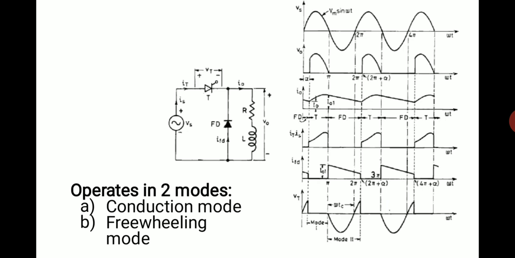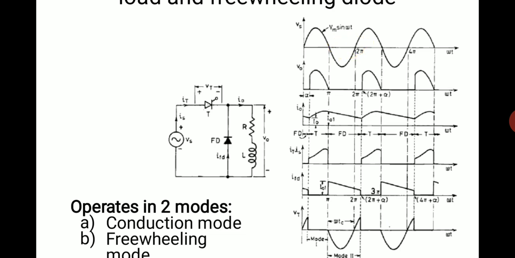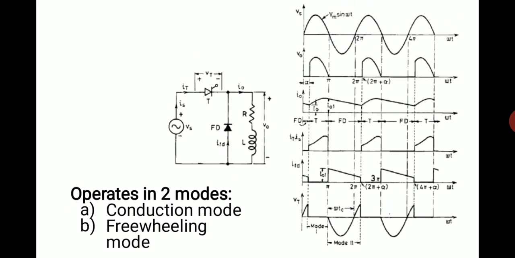As soon as the current diverts through the diode, the SCR current will become zero. We know that the current will pass through that branch which has lower impedance or lower resistance. Since the diode in negative half cycle is having lesser impedance, it is behaving as zero resistance, but the thyristor is offering high resistance because the SCR is reverse biased. So the current will flow through the diode instead of flowing through the thyristor.